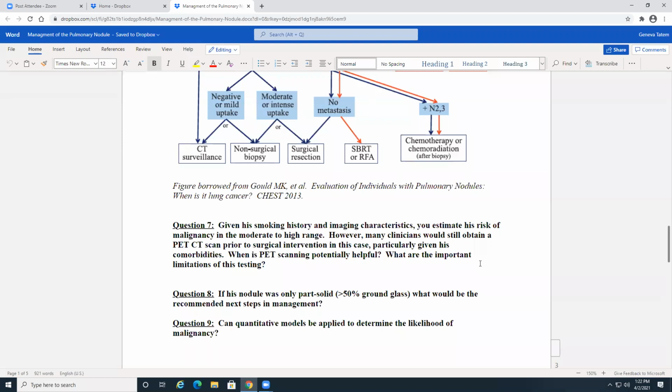And it uses age, gender, family history of lung cancer, smoking history, presence of emphysema, all of these sort of predictors for the likelihood of malignancy, as well as imaging characteristics, you know, size, location, spiculation, calcification, the whole gamut. And if you put all of the information that I gave you into that calculator, his risk of malignancy is about 18%.